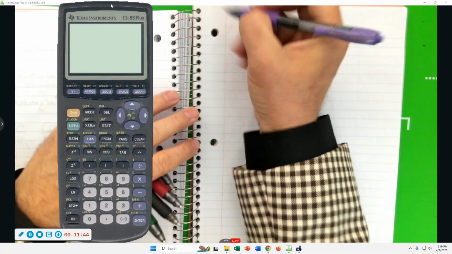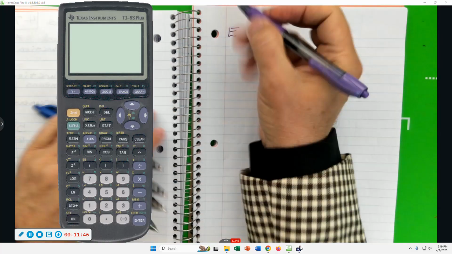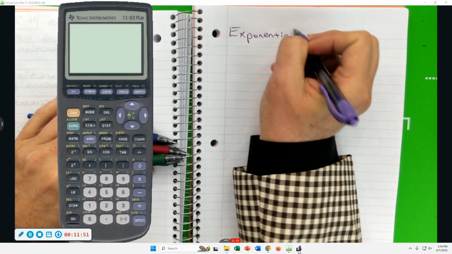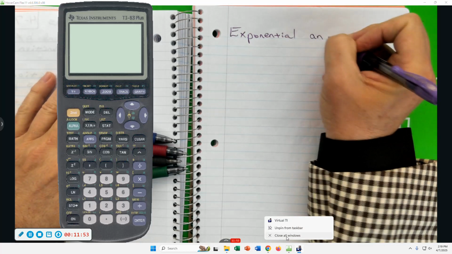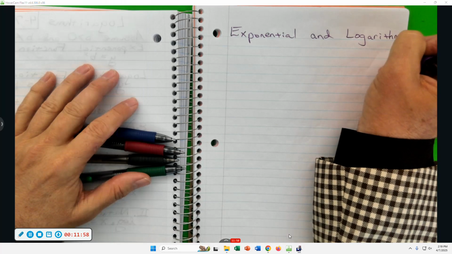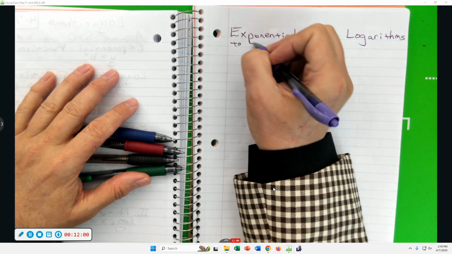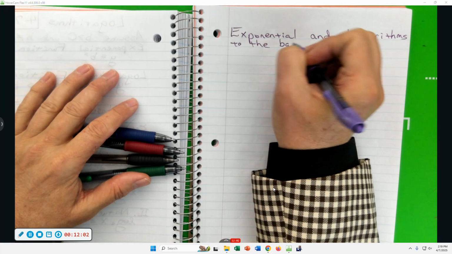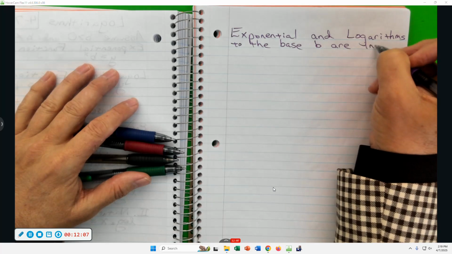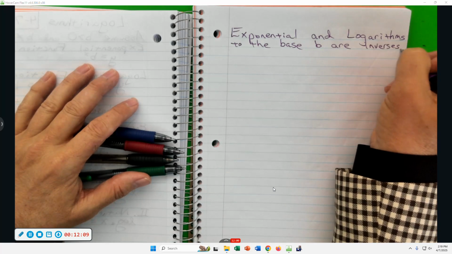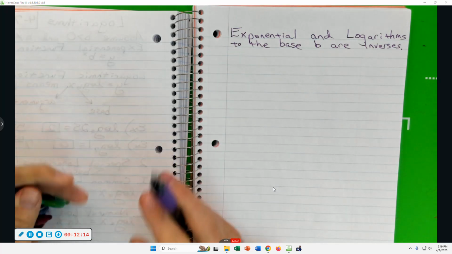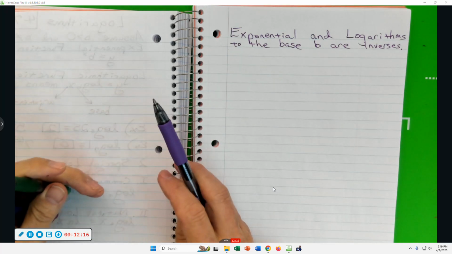And so, I am going somewhere with all of this, exponential and logarithmic functions to the base b are inverses. So if you perform the two functions consecutively in either order, they're going to cancel out.